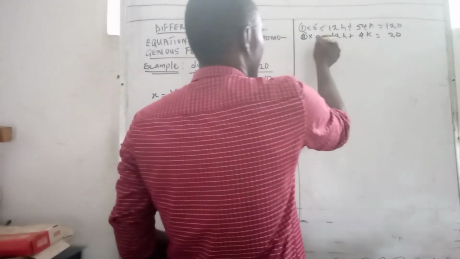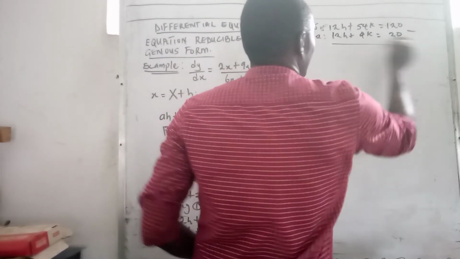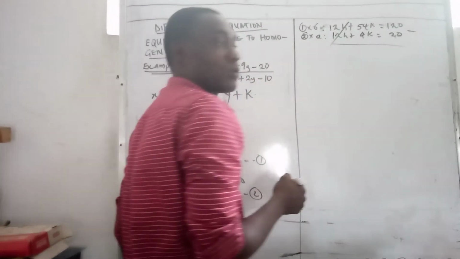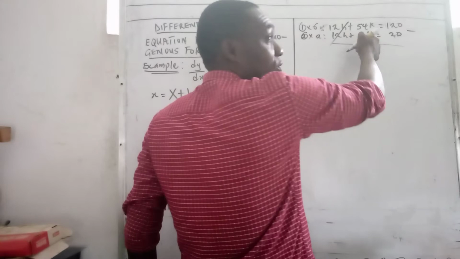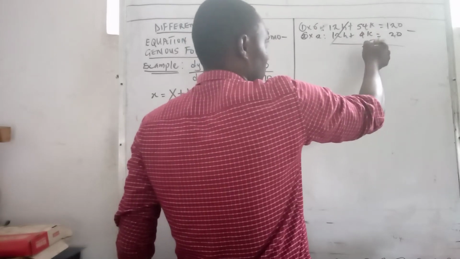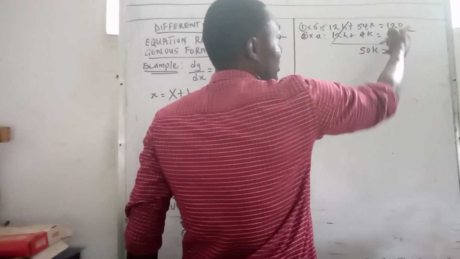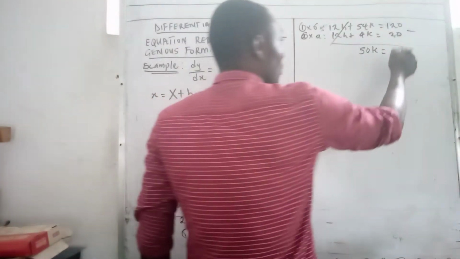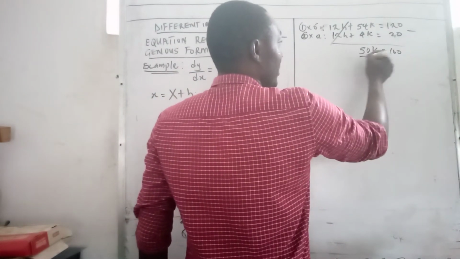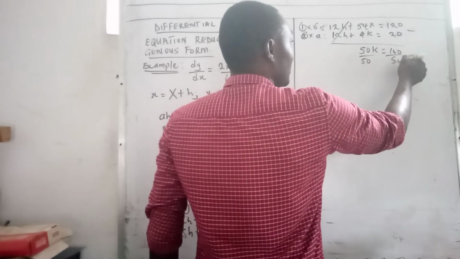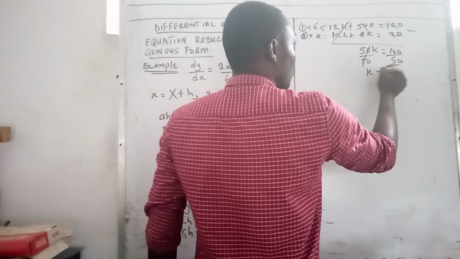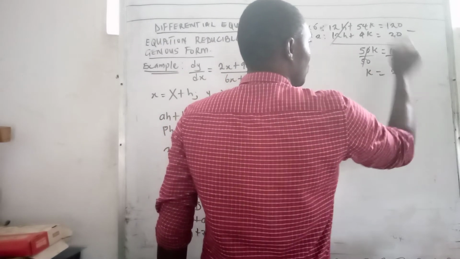So we can subtract. When I subtract, the 12h terms cancel out each other. 54 minus 4 is 50k. 120 minus 20 is 100. So when I divide both sides by 50, k equals 2.